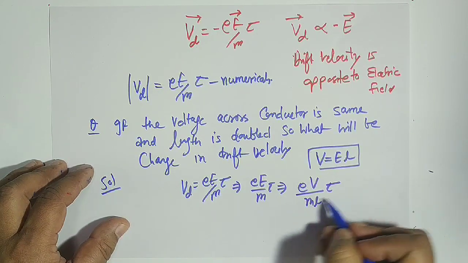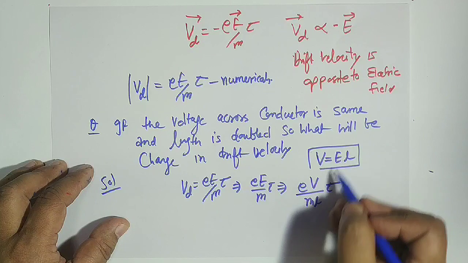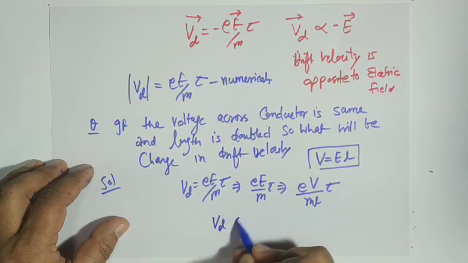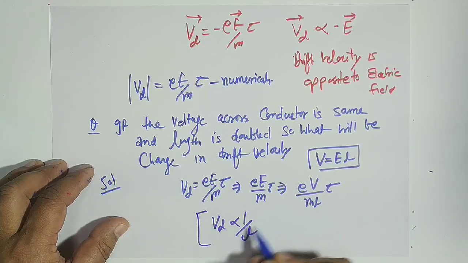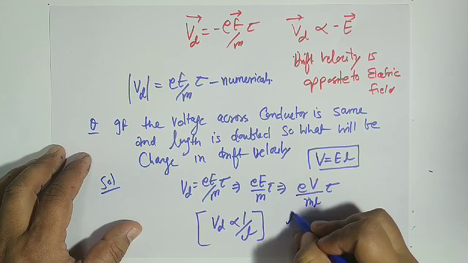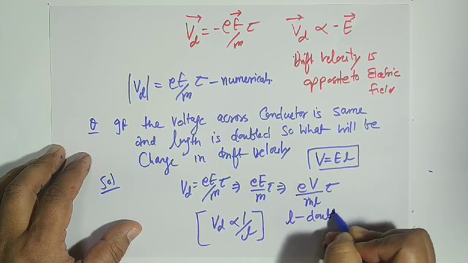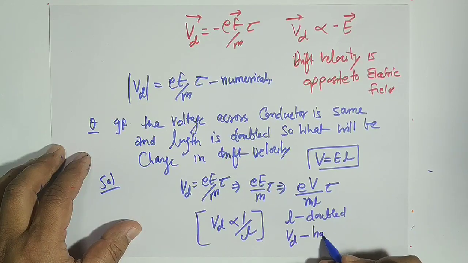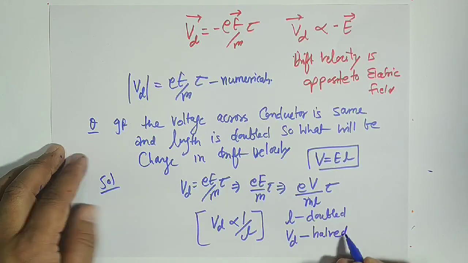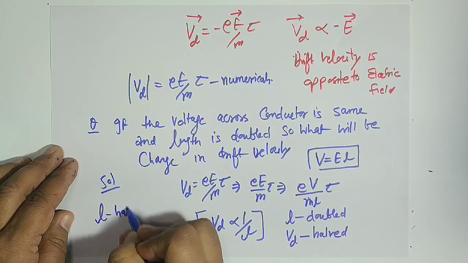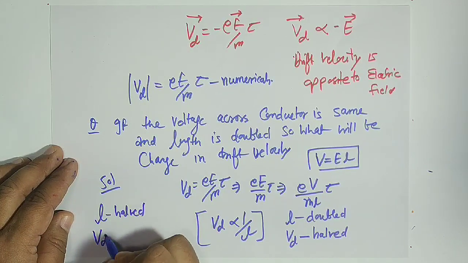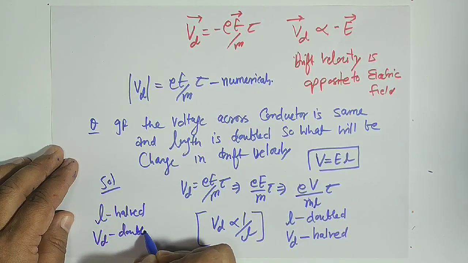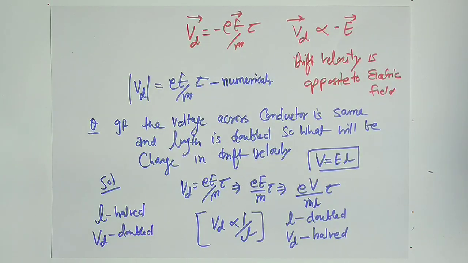So Vd is inversely proportional to length. So if length is doubled, drift velocity will be half. And if length is halved, drift velocity will be doubled. So this type of question can be asked in the exam.